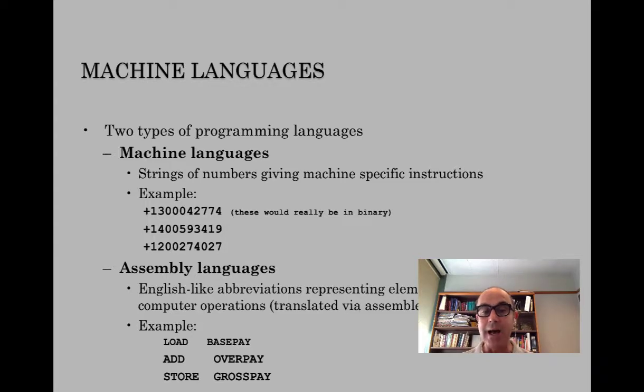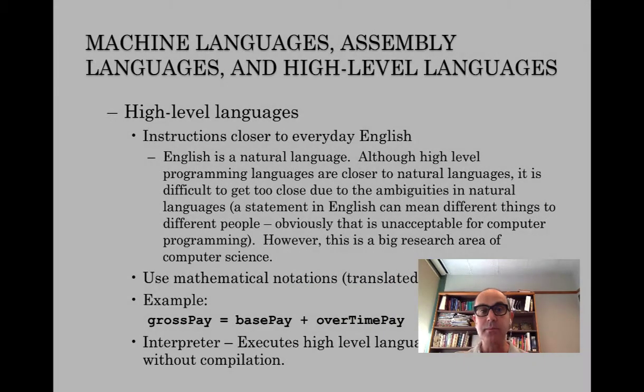Those are quite different with regard to what they do and how they operate. We also have high-level languages, which are more similar to the everyday language that we use when we speak or text to each other.